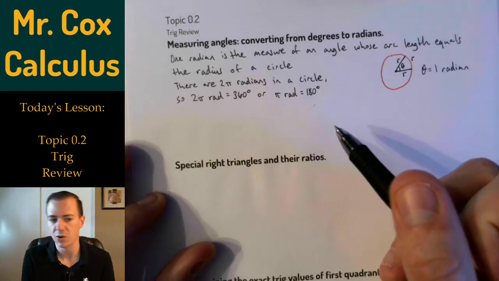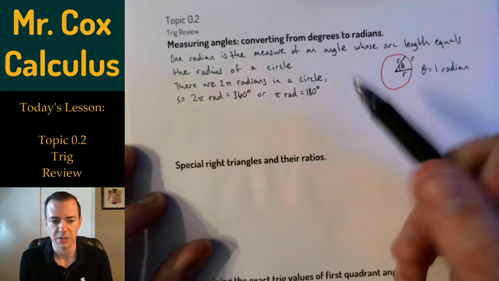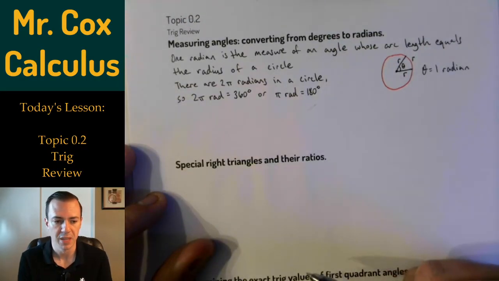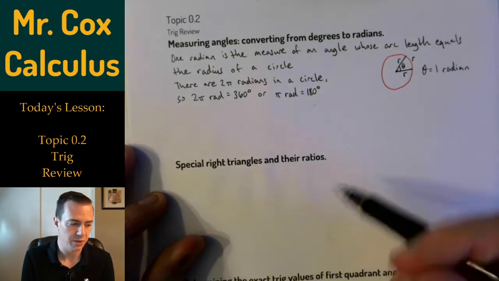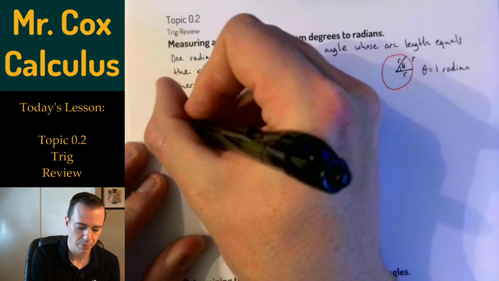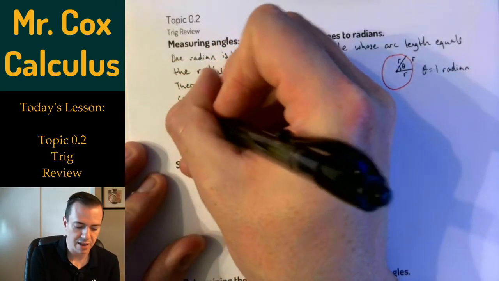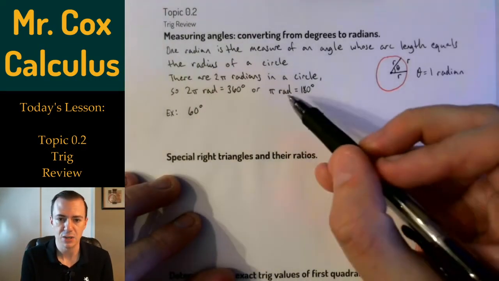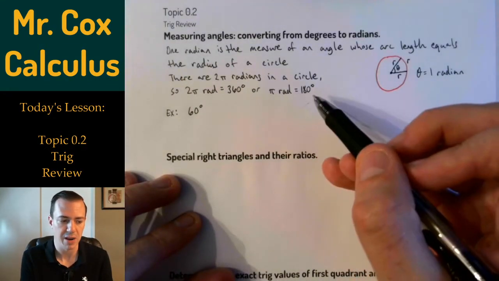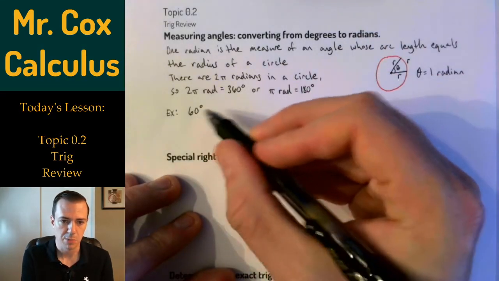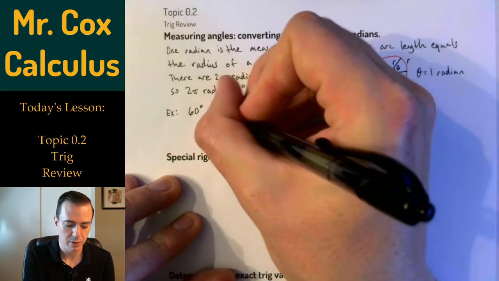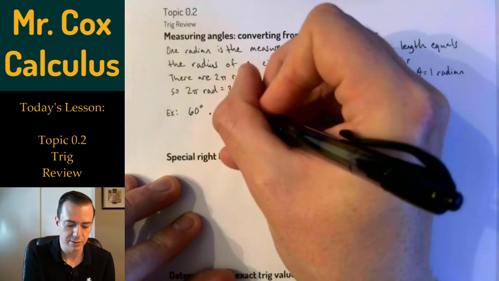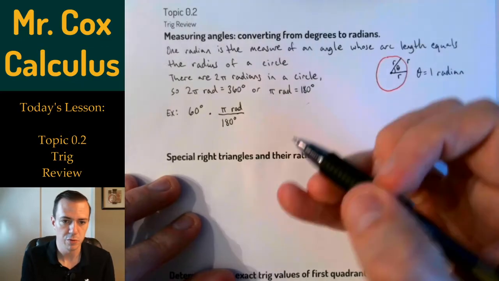You learn in conversions in science that all you have to do is multiply by this conversion. It'll change the units for you, and it'll now be in that new particular unit. So for example, I know that if I have 60 degrees and I want to convert it into radians, I can use this conversion factor of pi radians and 180 degrees. I'll put degrees in the denominator, and I'll put pi radians in the numerator.